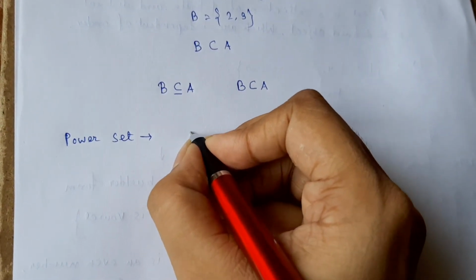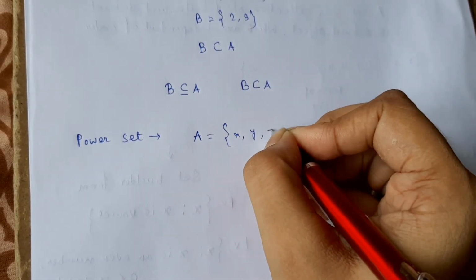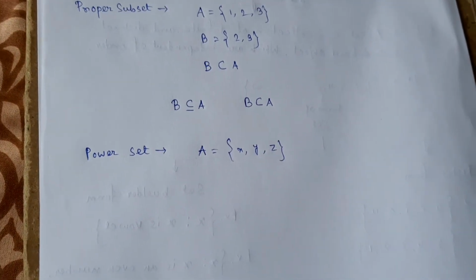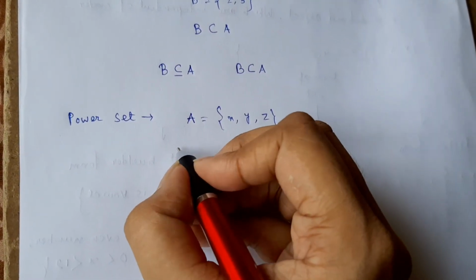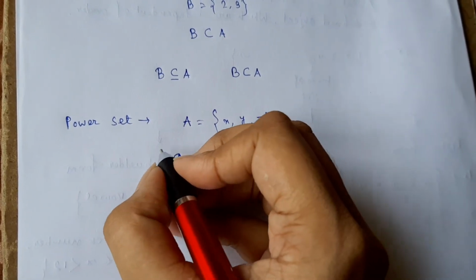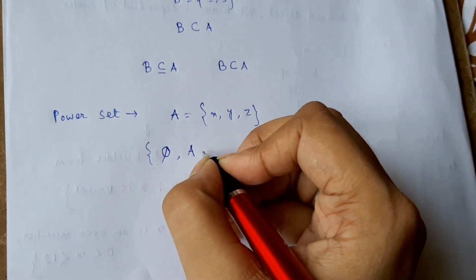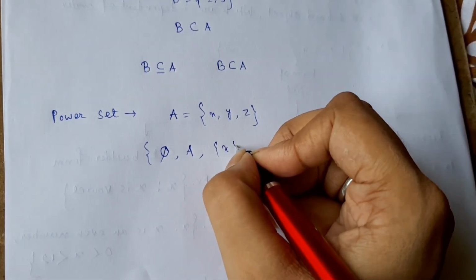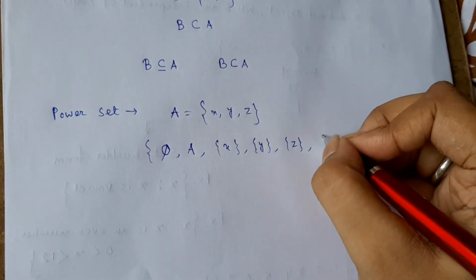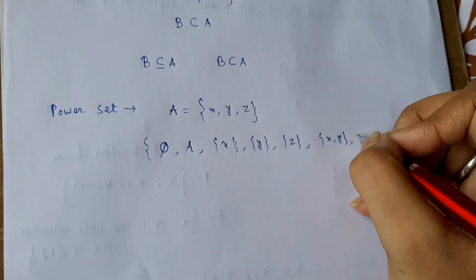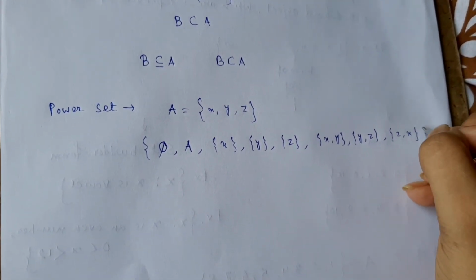Let us take a set A equals x, y, z. The subsets of this set are phi, this set itself, singleton x, singleton y, singleton z, xy, yz, zx.